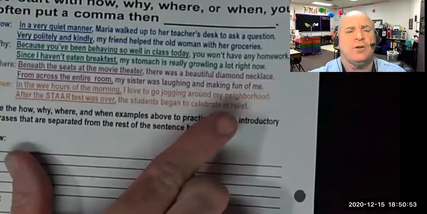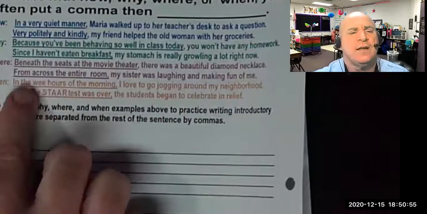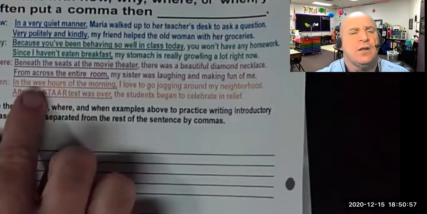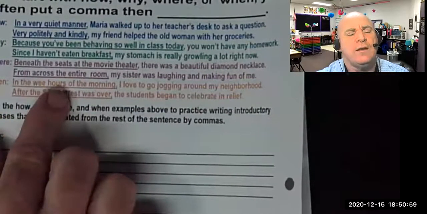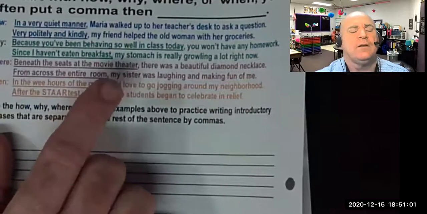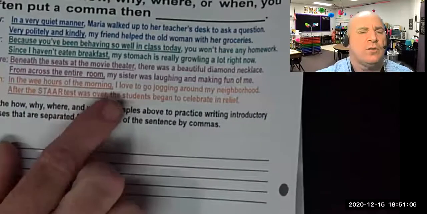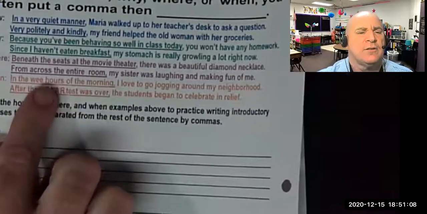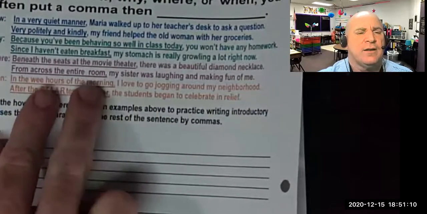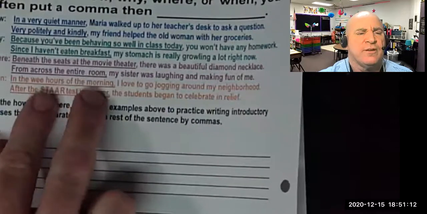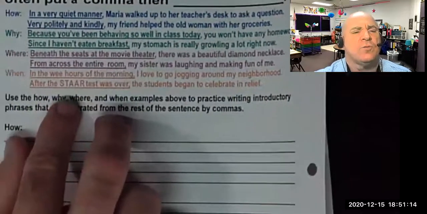I love to go jogging around my neighborhood, period. Since that tells me in the wee hours, when, of the morning, when, 2 whens are together, then we would put the comma. And because there's not a subject and a predicate, once again, we have an introductory phrase here.